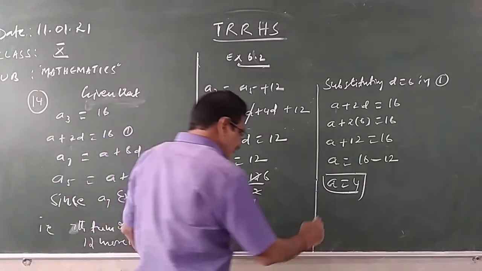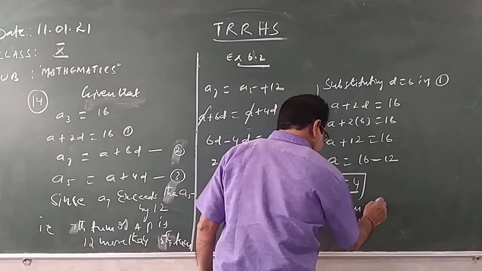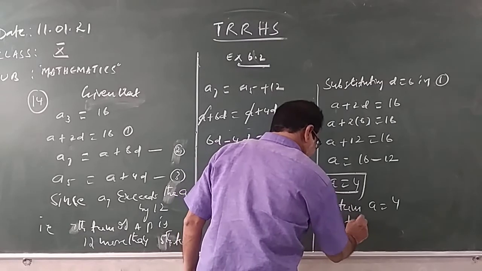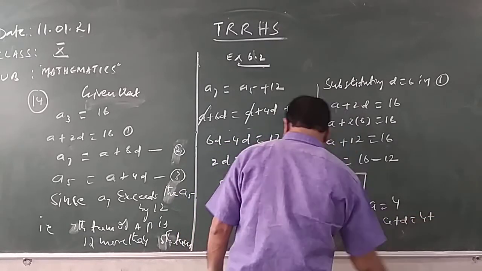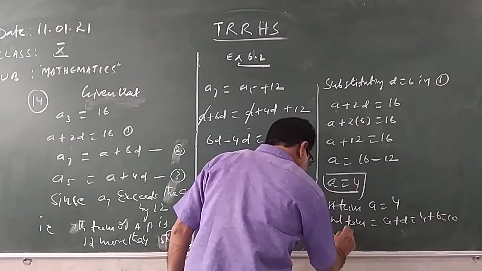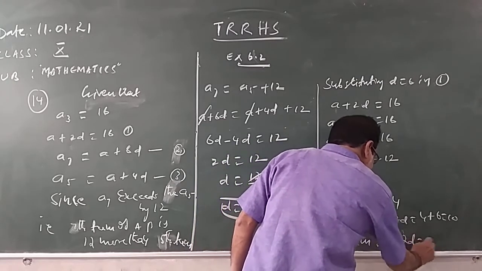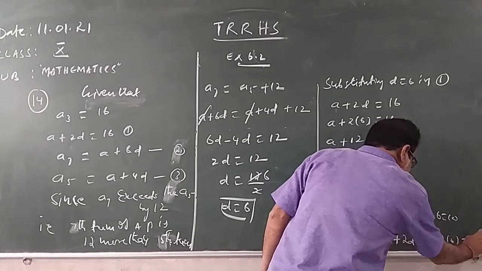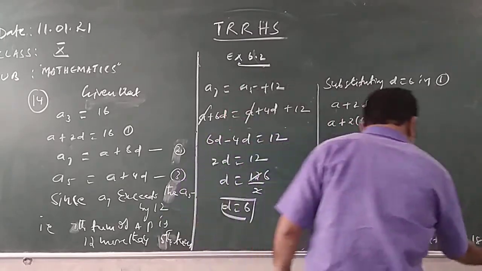What is the first term? First term A is equal to 4. Second term is A plus D, 4 plus 6, 10. Third term of AP is A plus 2D, 2 sixes are 12 plus 4, 16.